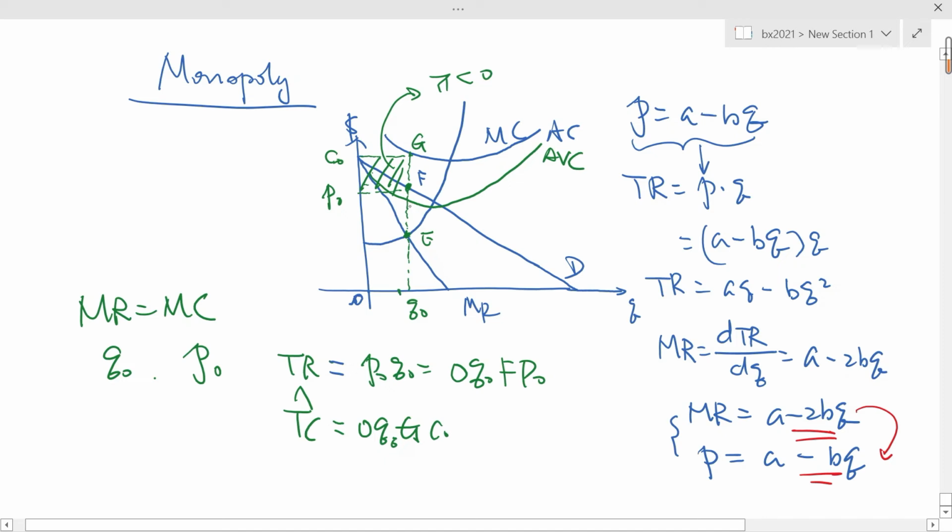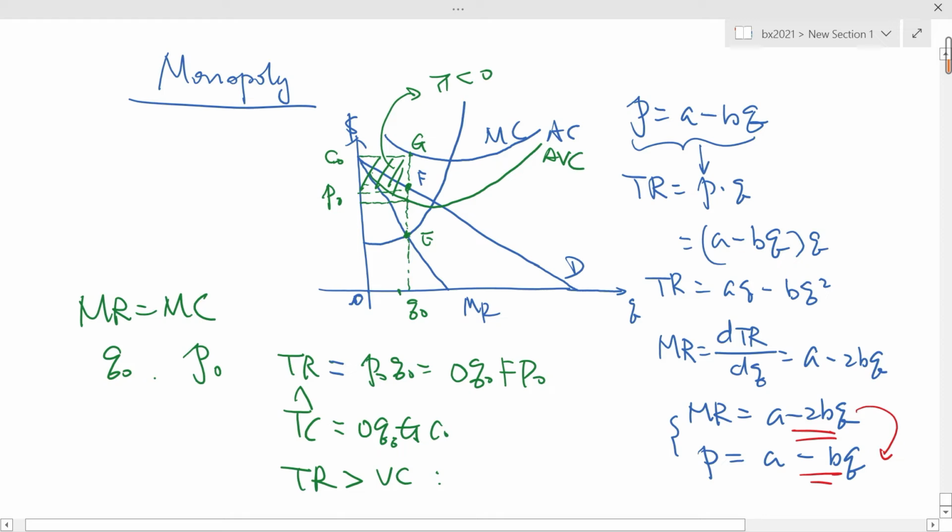In my drawing here, the total revenue is bigger than average variable cost. So in this particular case, this monopoly firm will not shut down even if it is making economic loss.